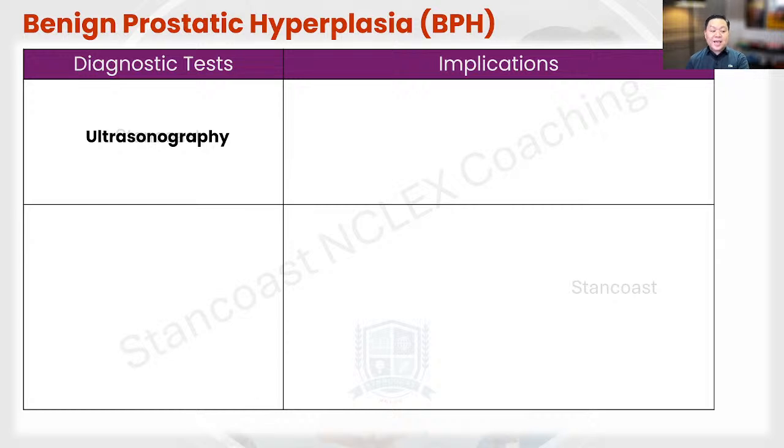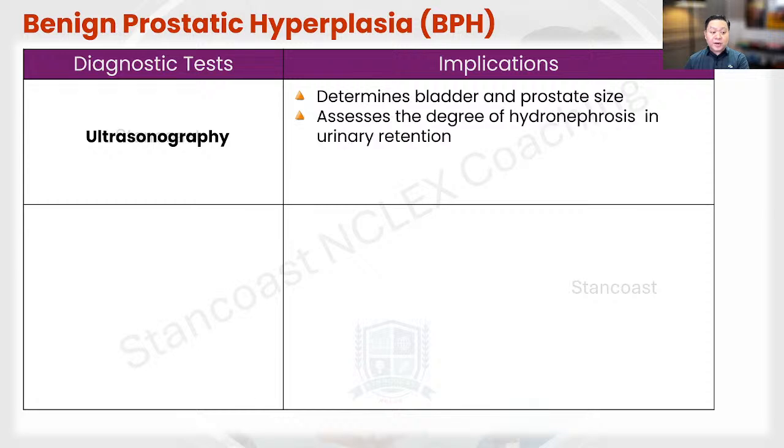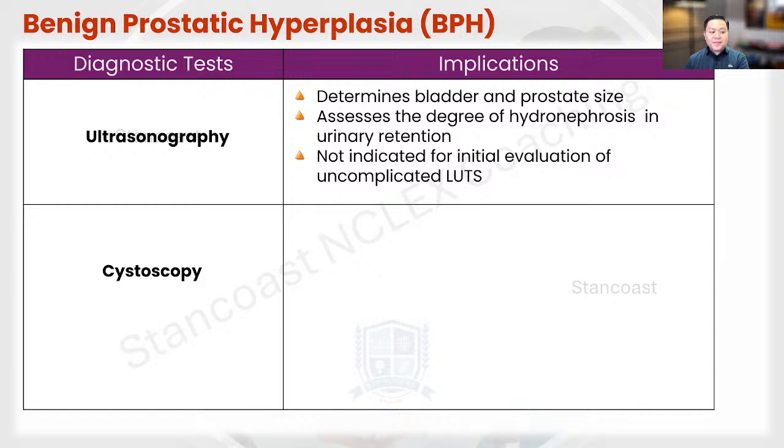And so again, this is going to be an effective means of detecting that. And also, again, the ultrasonography is not generally used as an initial diagnostic test, especially for an uncomplicated lower urinary tract infection.